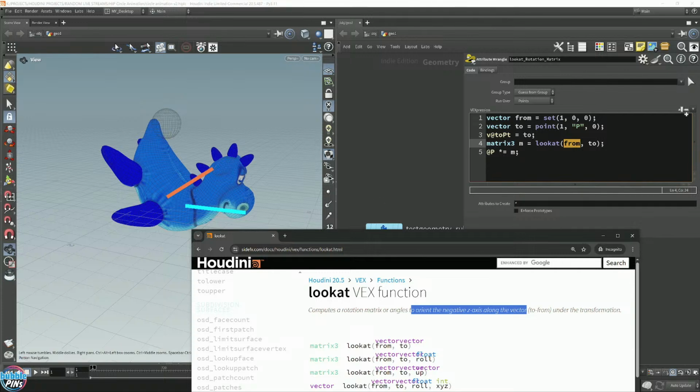So the negative z-axis would be something going that way. And the from and the to is being calculated in comparison to that. So it's using that one as a reference vector.